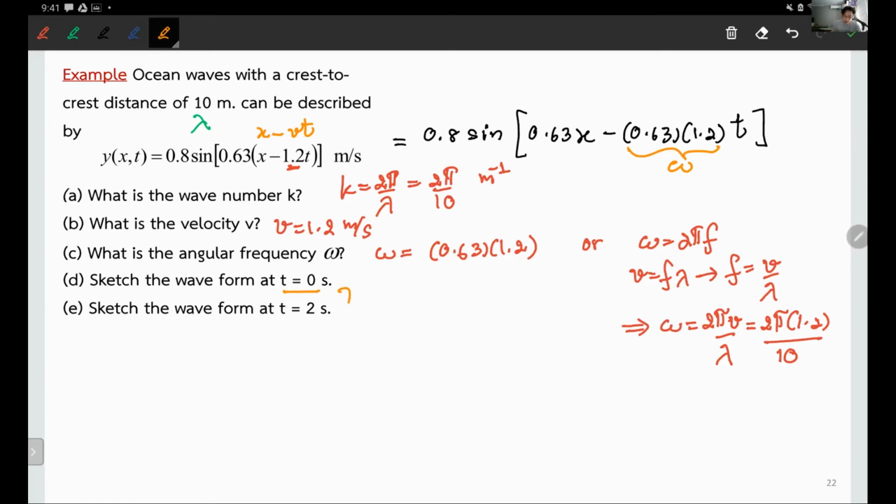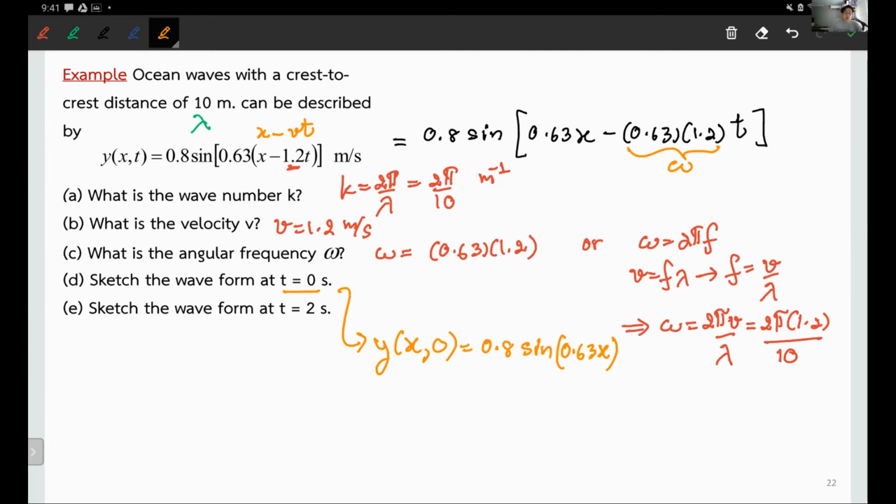You reduce the two-variable function down into a single-variable function. So that means you get rid of the t variable. At the end, it will look like 0.8 sine 0.63x. There, that's it. The time variable will disappear from your equation.